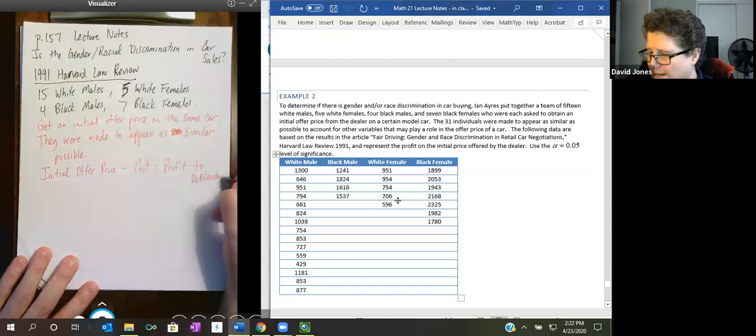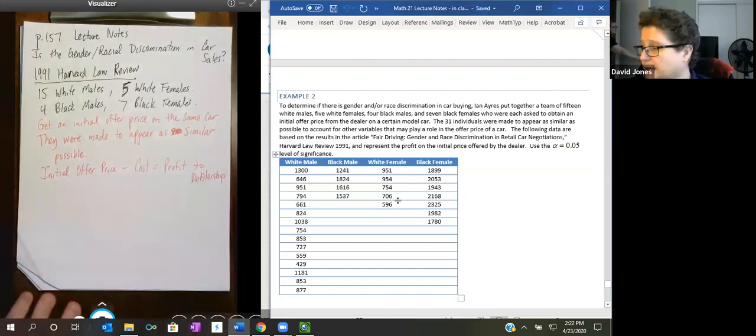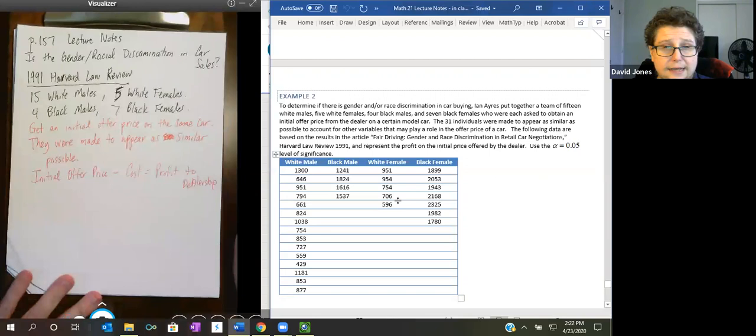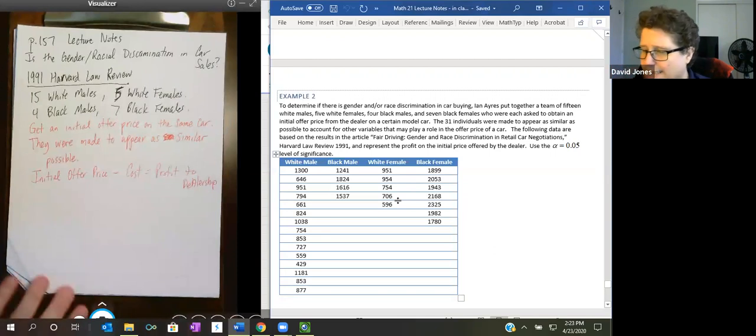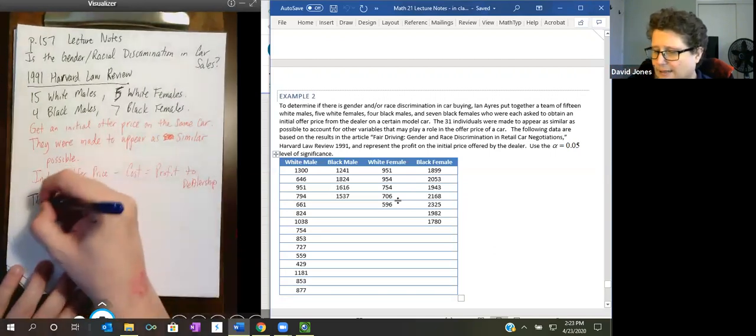And the car salesman generally makes money off of sales. So the data collected is the profit.